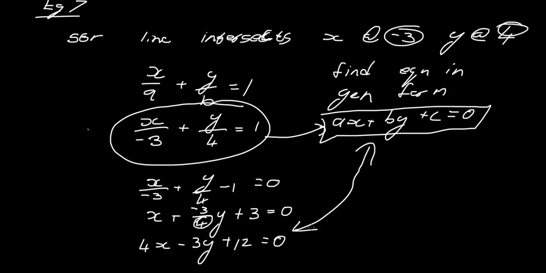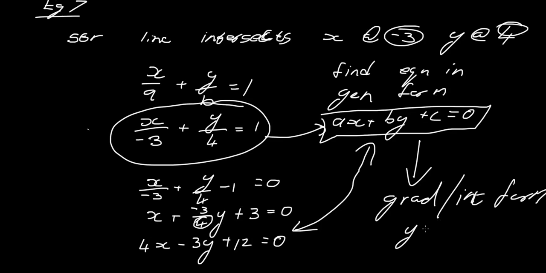Now the next part of the question is to write it in gradient intercept form, which is y equals mx plus c. All we have to do to go from general form to gradient intercept form is solve for y. So let's get our y term on the left hand side and move everything else to the right. So minus 3y is equal to minus 4x minus 12.